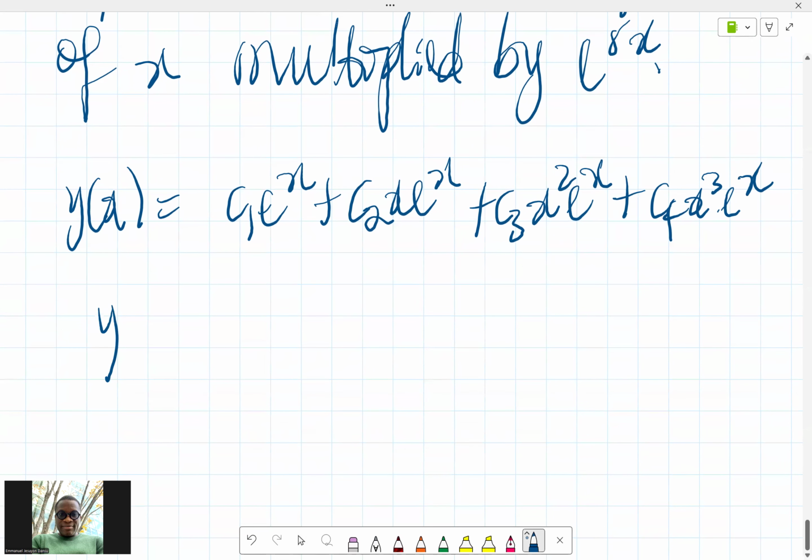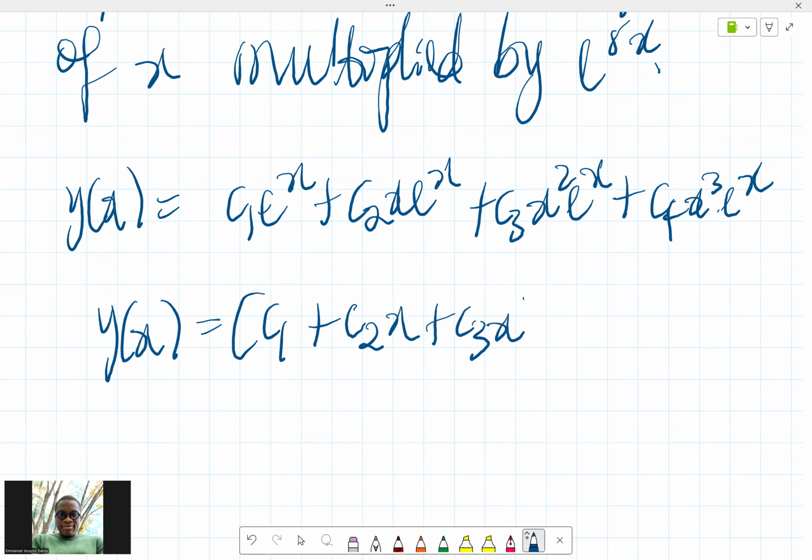Because of the multiplicity. If the roots were distinct, we'd have had C1 for the first one plus C2 for the next one plus C3 for the next without needing to multiply by x. But because of the multiplicity, we have to keep multiplying by x each step to distinguish one from the other. So here we basically have (C1 plus C2 x plus C3 x squared plus C4 x cubed) times e raised to x.